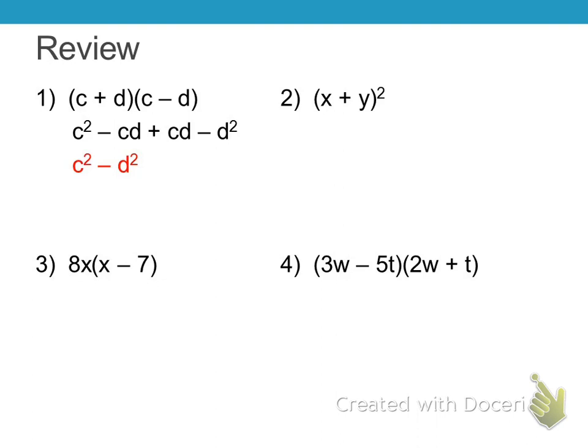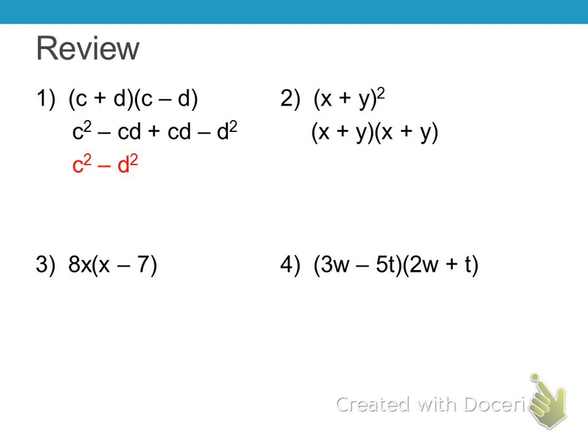All right, number 2. How do you do that one? X plus y, x times x plus y. Yeah, you need to rewrite it so that you have x plus y twice. You cannot just square the x and square the y. That absolutely does not work, okay? You have to write it twice, and then you double distribute.